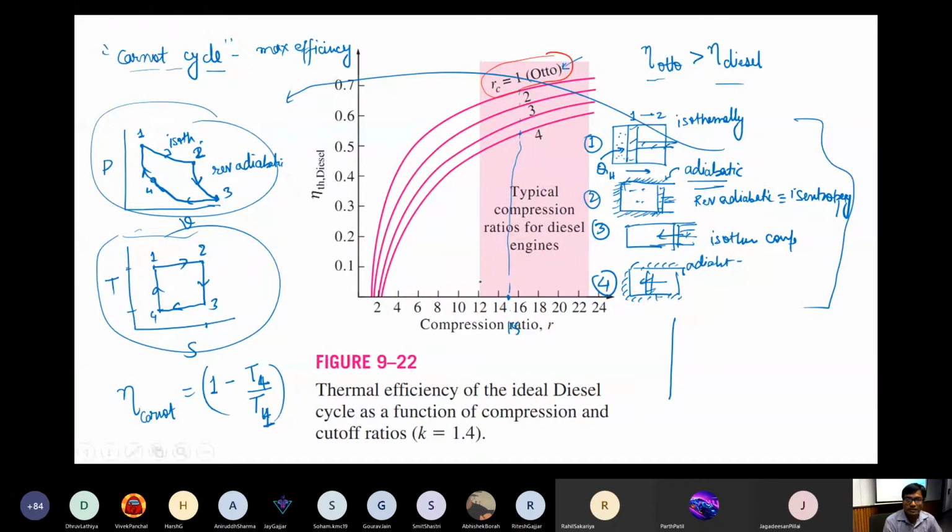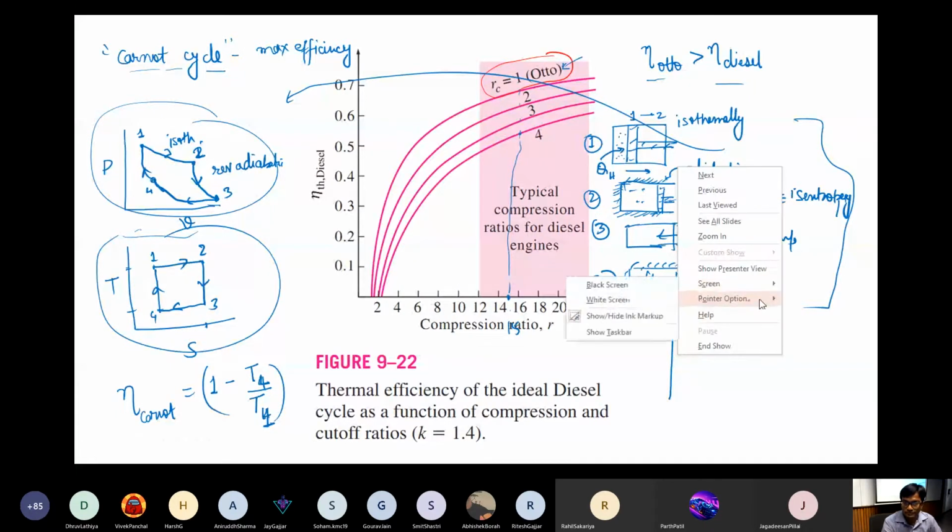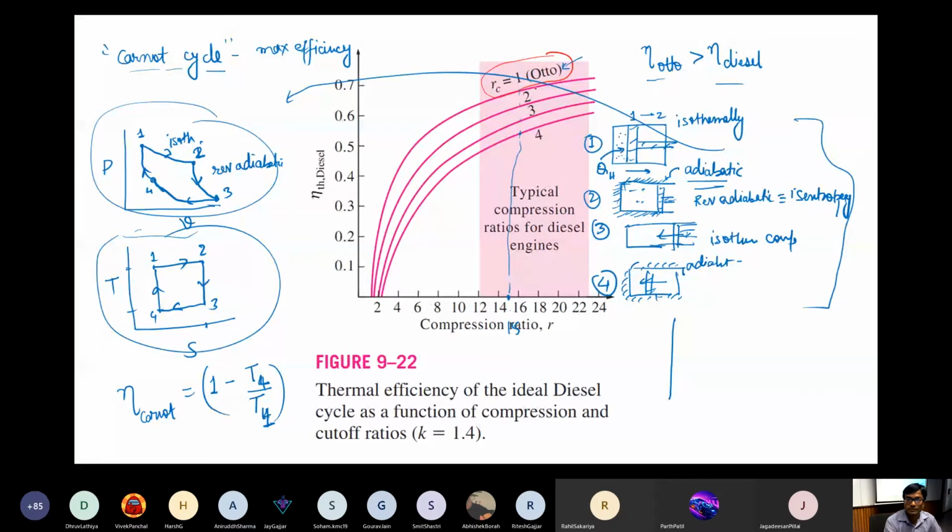So in some sense we can write here, the efficiency of Carnot, since this is hypothetical and everything is done internally reversibly, is maximum, then Otto, then diesel. So this is the sequence that it follows. Okay, you should remember this.